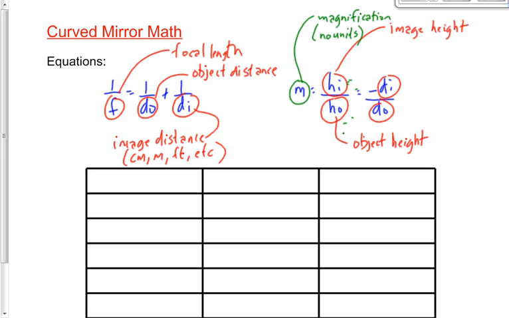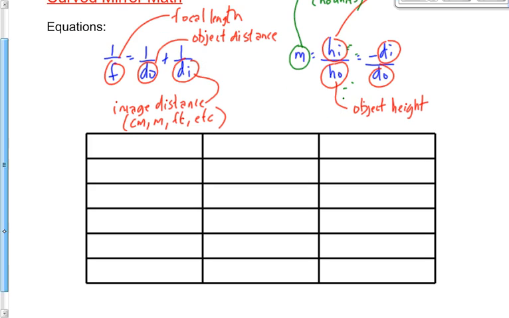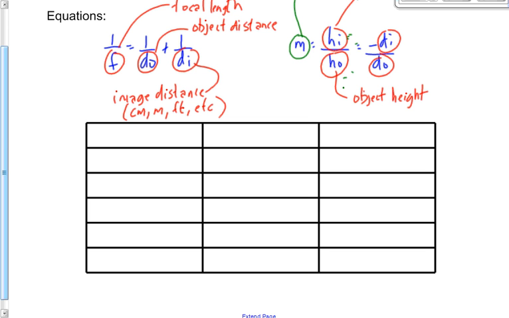The good news is, once again, just like with the 7 types of EMR, frequency, wavelength, and energy, there's a way that allows us to make this a little bit quicker to remember. There's patterns that end up forming. Let's identify, first of all, 3 variables, F, DO, and DI.